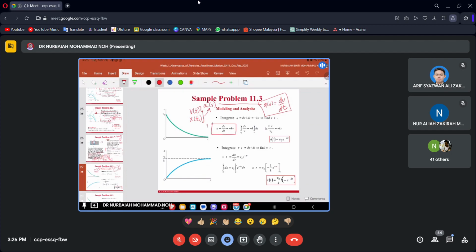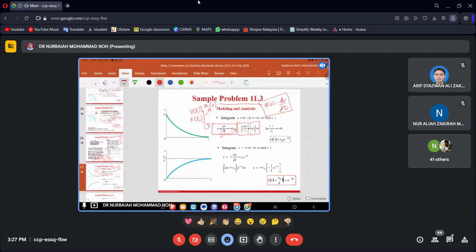Alright, so now we have this first step. A is equal to dV over dt, where A is equal to negative kV. Then we bring dt to the right hand side, so V down here. Then you will have dV over V equal to negative k dt. Then kita integrate.